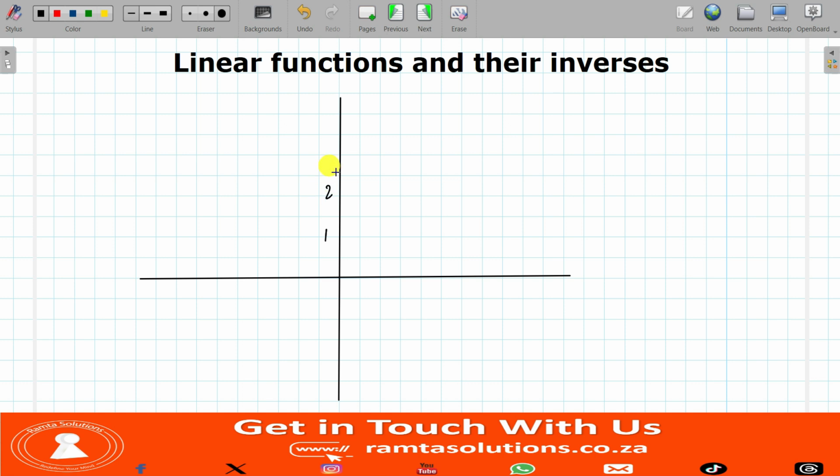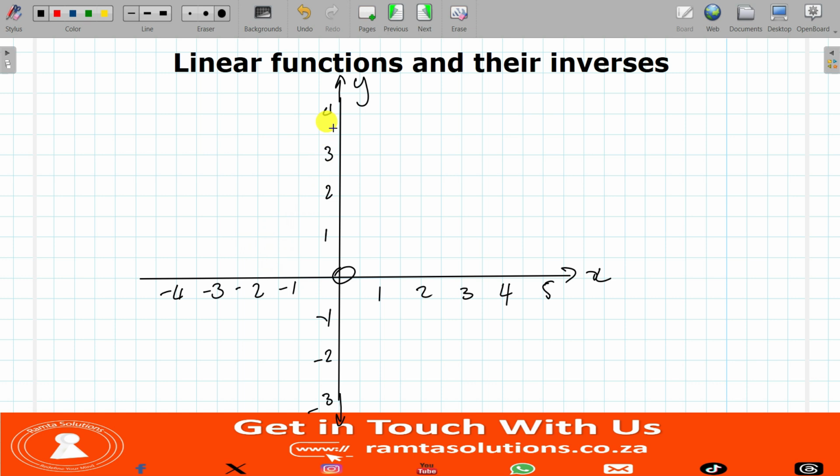We count 1, 2, 3, 4 on each axis, and negative as well. This is x, this is y.